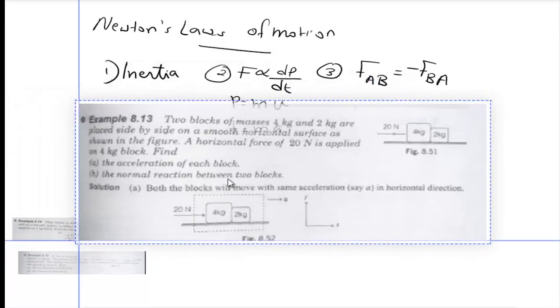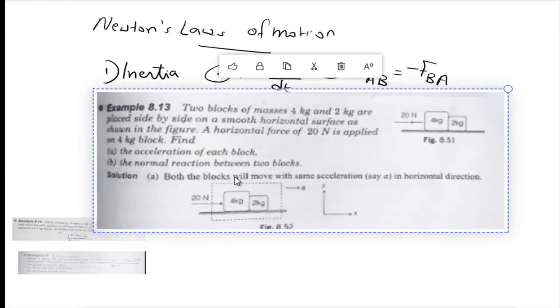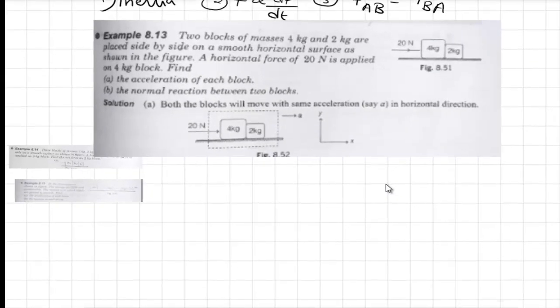Blocks of masses 4 kilogram and 2 kilogram are placed side by side on a smooth horizontal surface as shown in the figure. A horizontal force of 20 Newton is applied on the 4 kilogram block. Find the acceleration of each block.